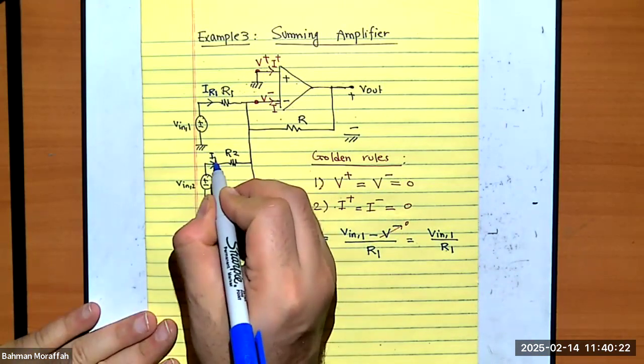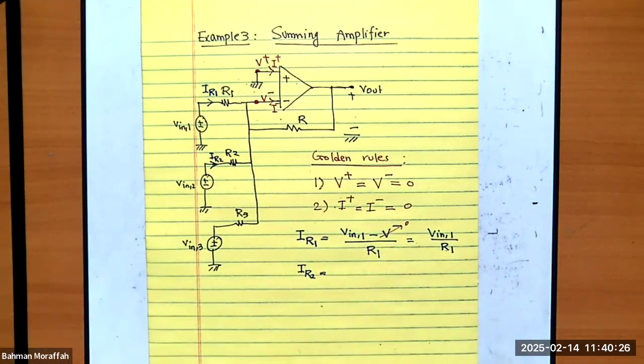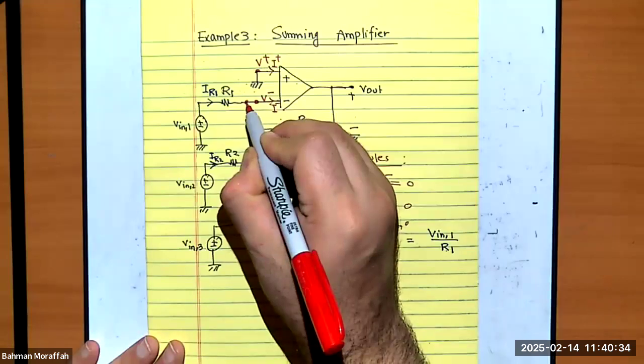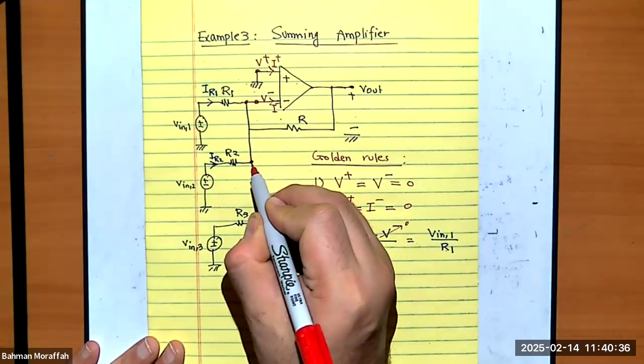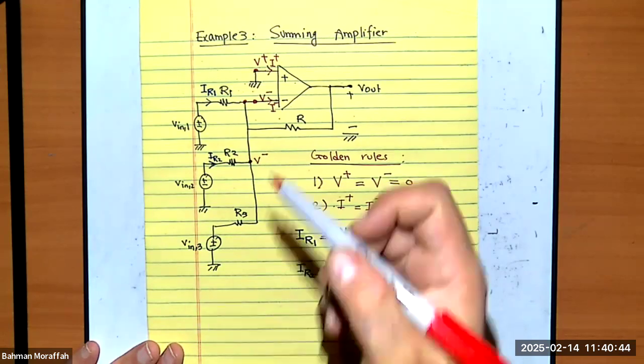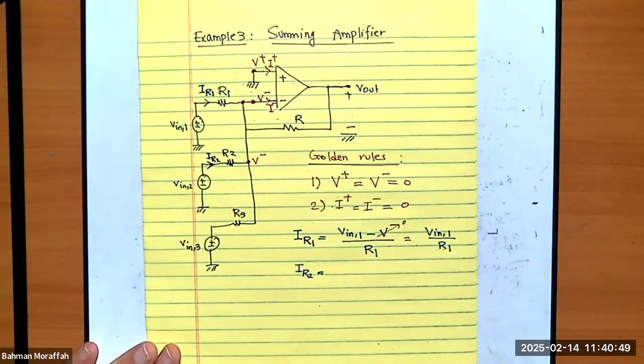How about I of R2, the current through R2? Again, that's the voltage across it divided by its value. Do you agree this guy over here is also V negative? Why? It's just a wire, there is no potential difference.